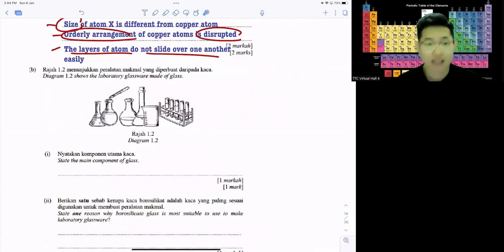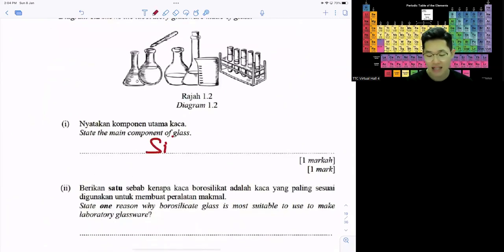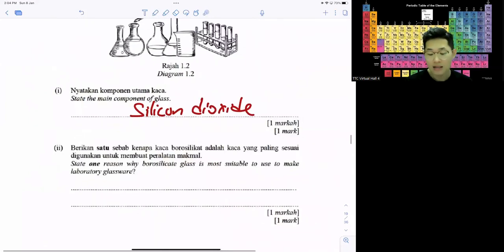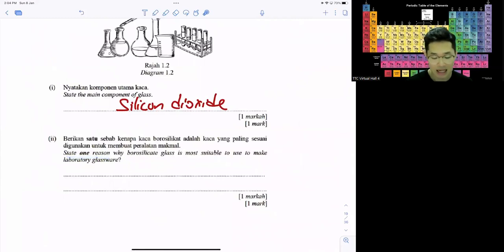Okay, then next, we have glass here. State the main component of glass. So glass is mainly made of sand, but we can only write silicon dioxide or silica also can. 玻璃主要是用砂来做，不可以写砂，一定要写这个 silicon dioxide. Then, state one reason why borosilicate is most suitable to be used to make lead glassware.